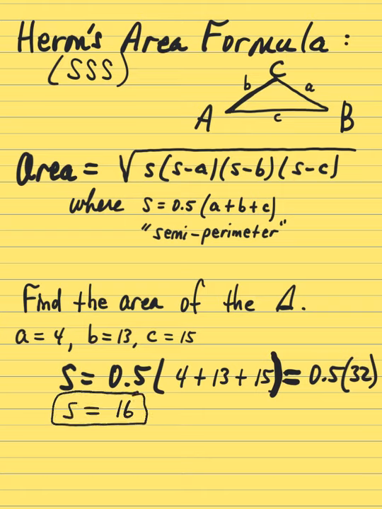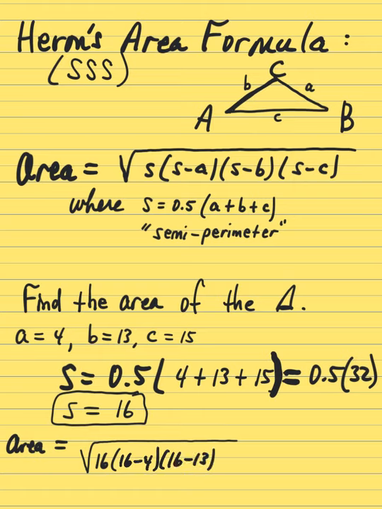Okay, so now we go in for the area. Really long square root. 16 times 16 minus 4. And all this is multiplied. 16 minus 13.